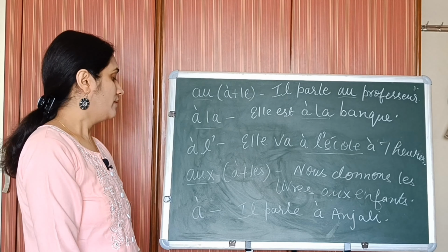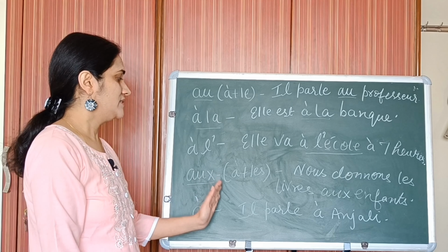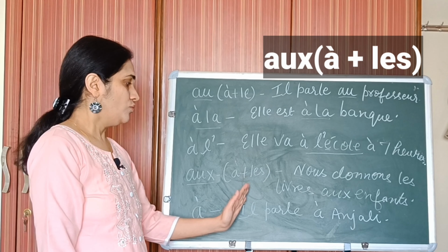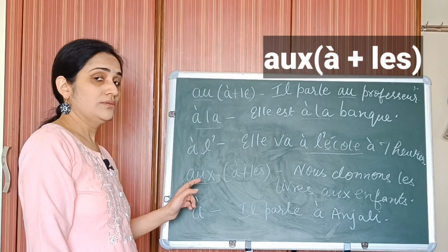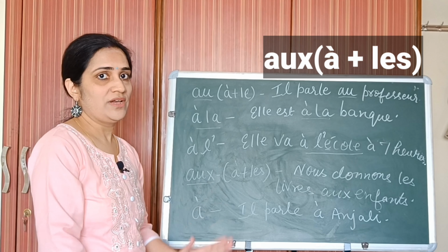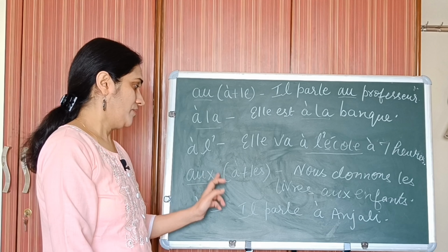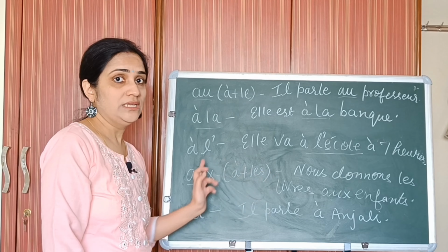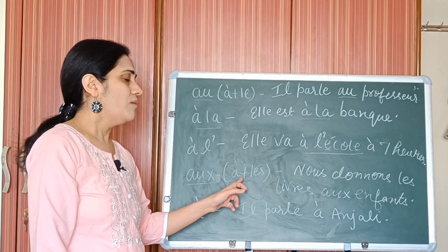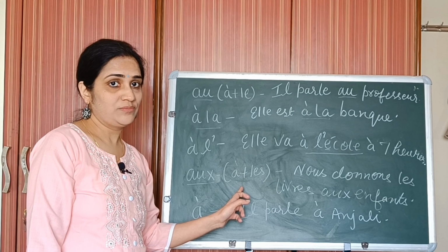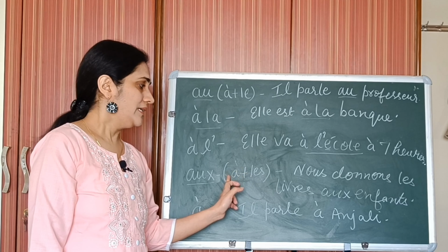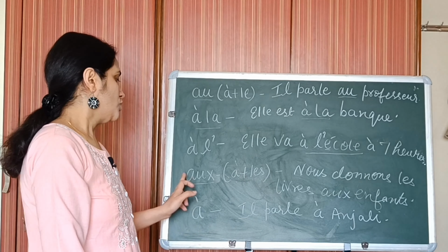Okay. Now the next category is aux, O. Again, to simplify this term, I have written in the bracket, though we don't use this form, just to simplify the word, I have split this word. So it will be à plus les. À is the preposition: to the, in the, at the. So aux.